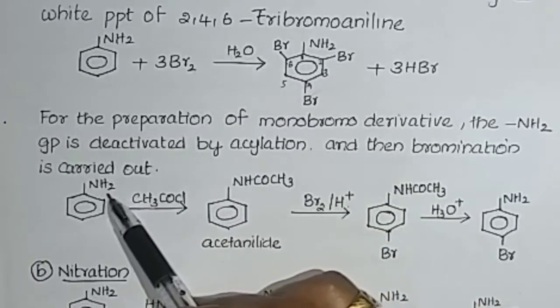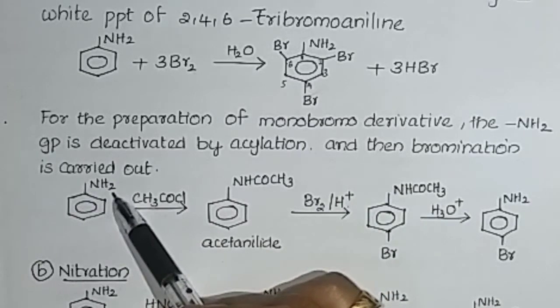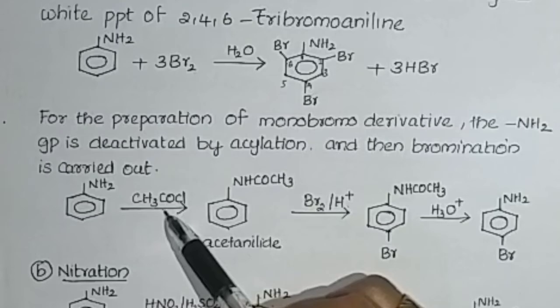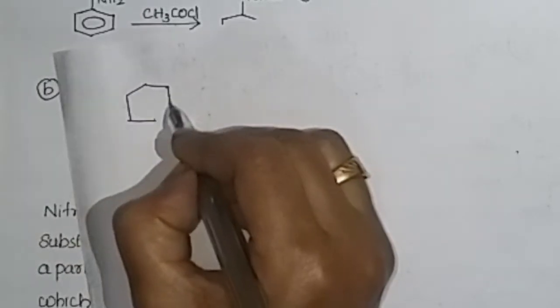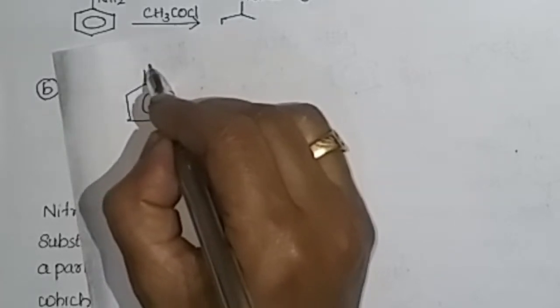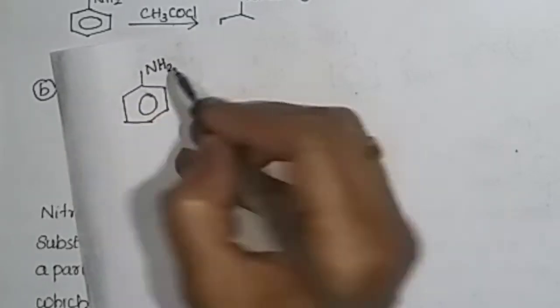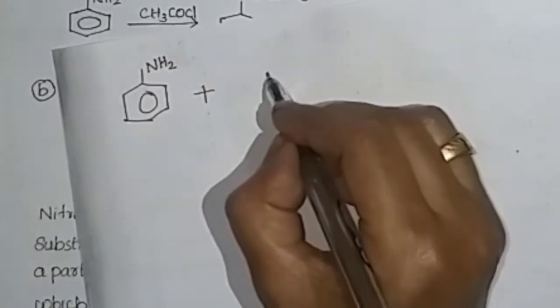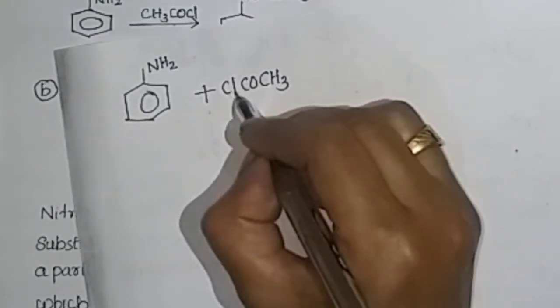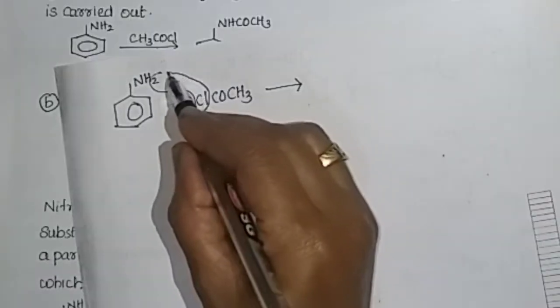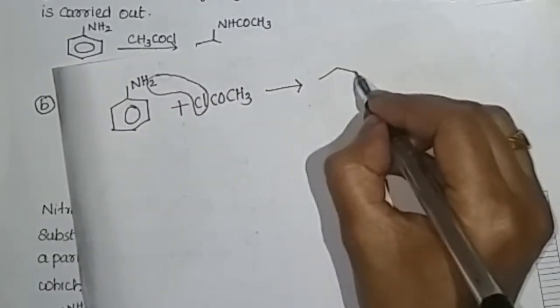So first we deactivate this NH2 group by acylation. Acylation, you know, is done by treating with acid chloride. Aniline, a benzene ring with NH2, on treating with acid chloride, CH3COCl, with H there, HCl is eliminated.